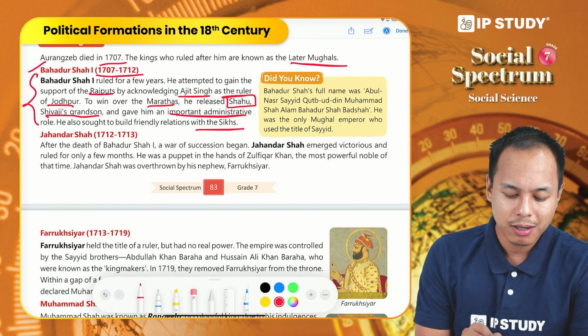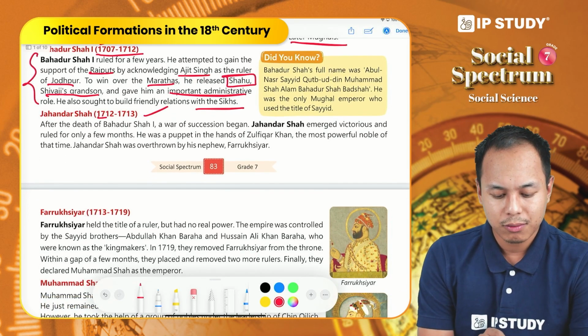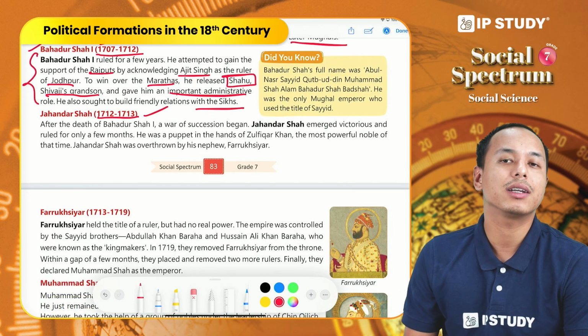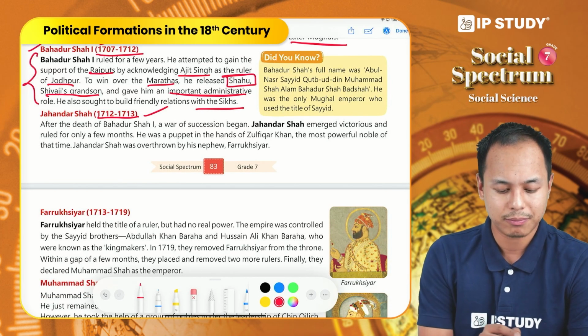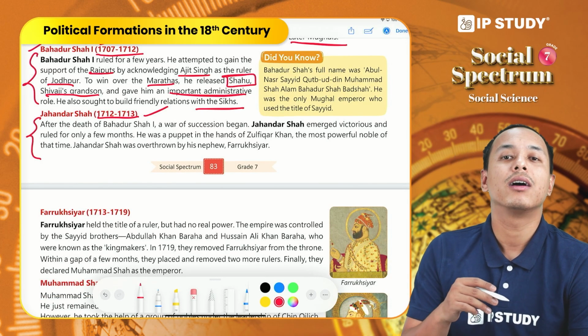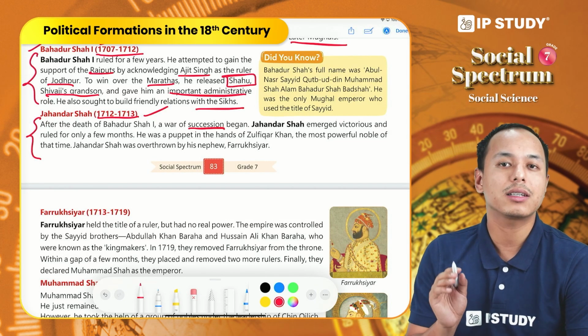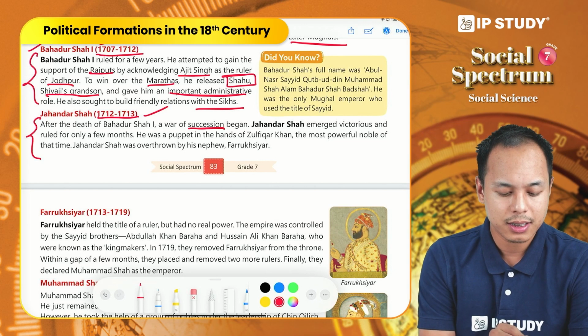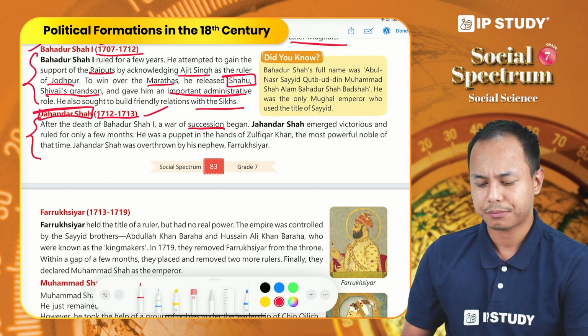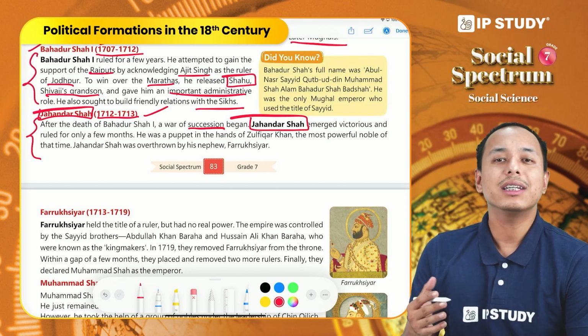Now comes Jahandar Shah. He ruled from 1712 to 1713, a very short period of time. After the death of Bahadur Shah the First, the successor was Jahandar Shah. And it wasn't an easy succession.